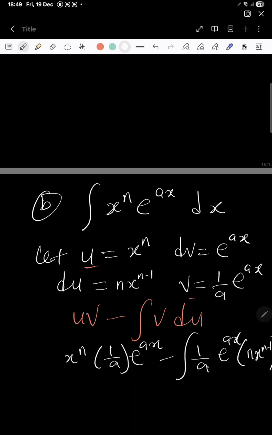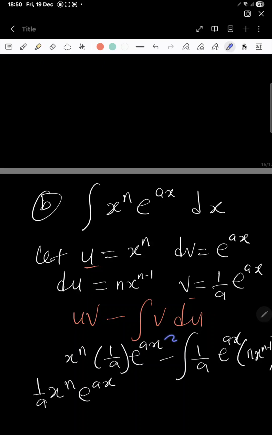From there, you need to bring the constant, which is n times 1, this n here, times this one, which are constants, becomes n over a. So you're going to have x to the power n, and then the 1 over a also can come out, which is 1 over a x to the power n e to power ax.